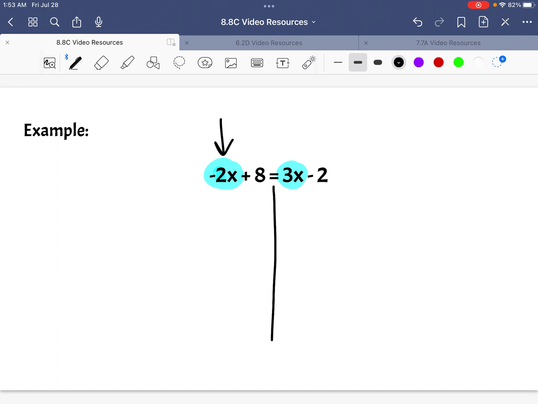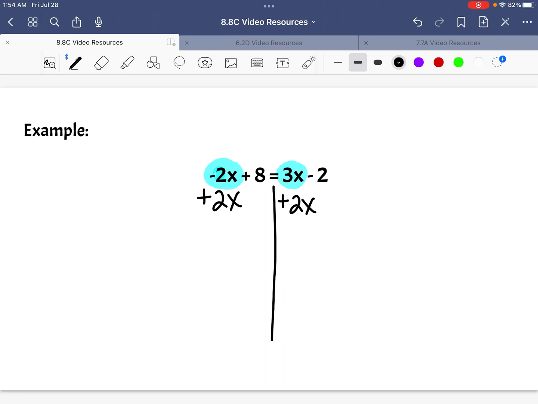And so I see right here we have a -2x. So in order to move that or to get rid of that -2x, I need to create a zero pair. So the opposite of -2x would be a +2x. And I'm going to add 2x to both sides to maintain that balance.